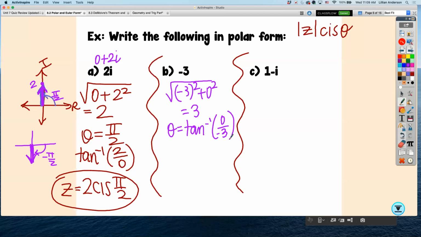It'd be on the left side, and what would that angle be that corresponds to -3? It would be pi. So then theta would equal pi. So then in polar form, our complex number is 3 cis pi.